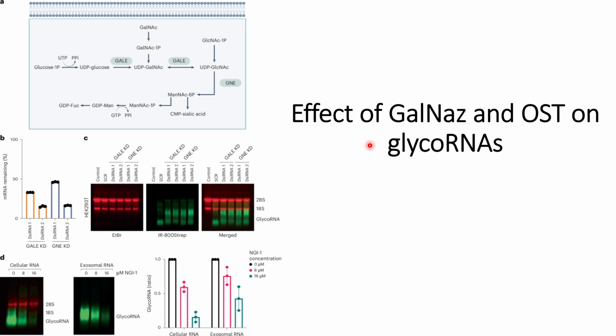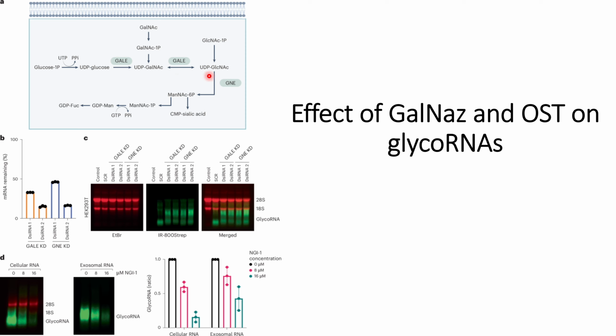Before we go into the results, let us understand how this GalNAz works. Glucose 1-phosphate will undergo conversion to UDP glucose through UTP conversion to PPi, and after that, with the help of GALE, it will form UDP GalNAc, and this UDP GalNAc can undergo reversible reactions to UDP GlcNAc.